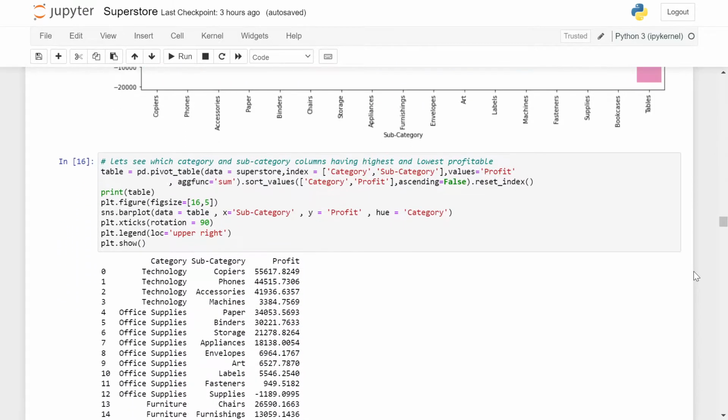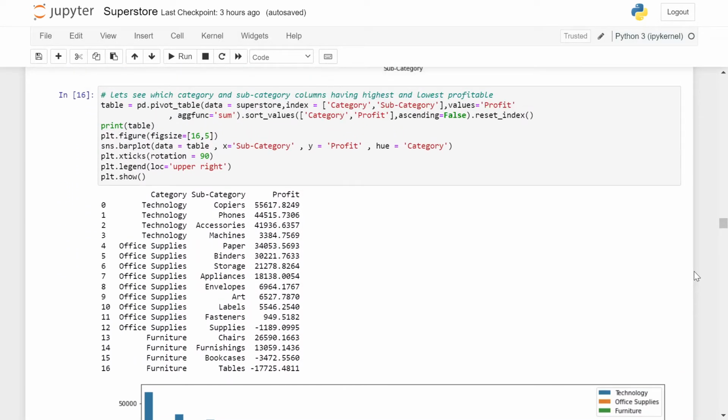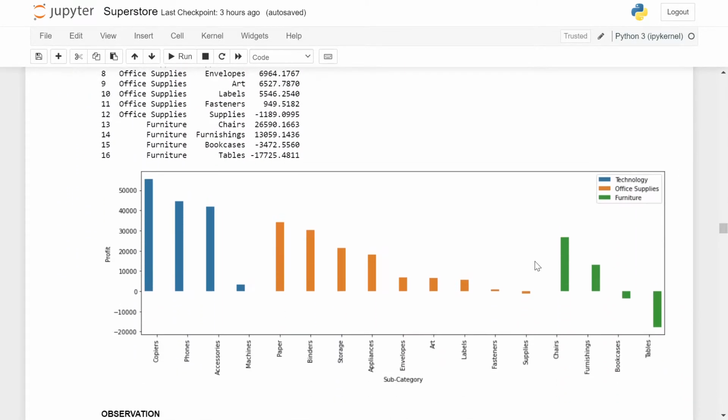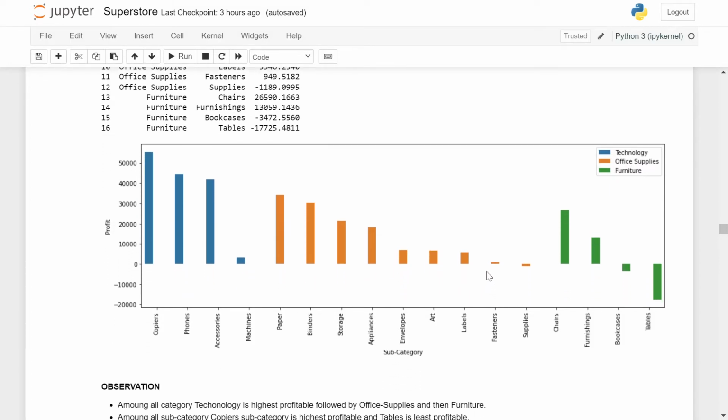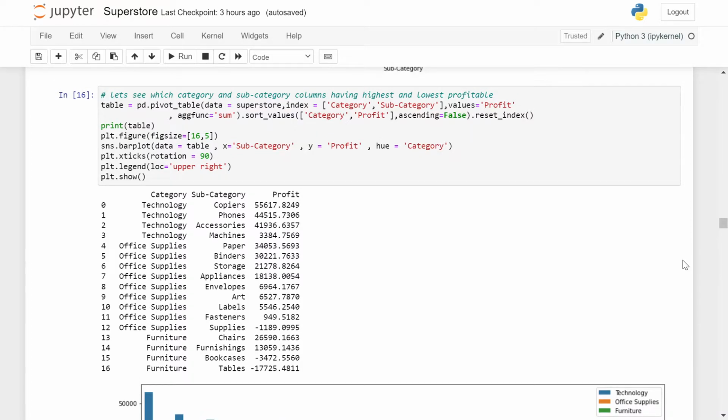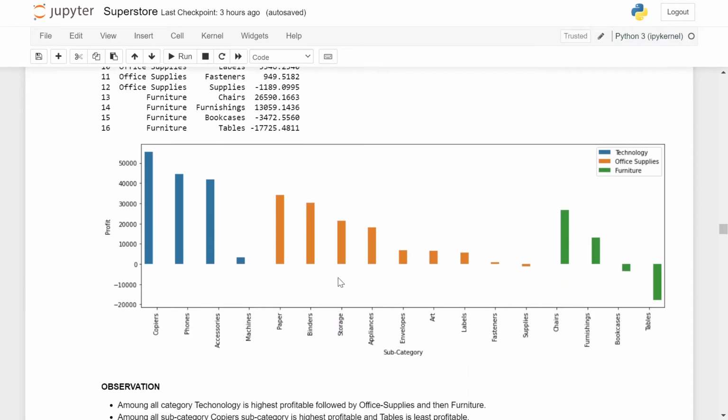Now in this plot, I want to see which category and subcategory combination has the highest profit and lowest profit. The blue ones are technology, the orange ones are office supplies, and the green ones are furniture.